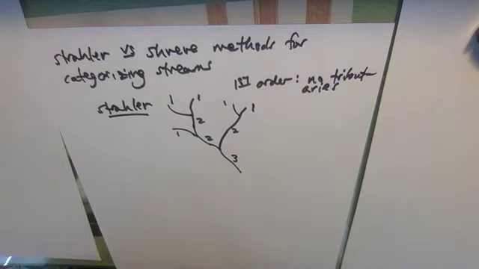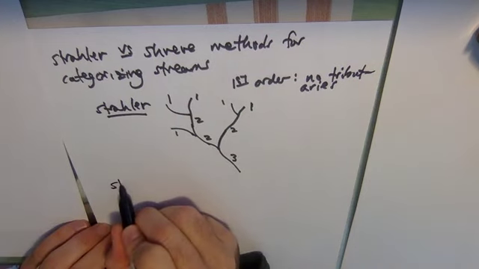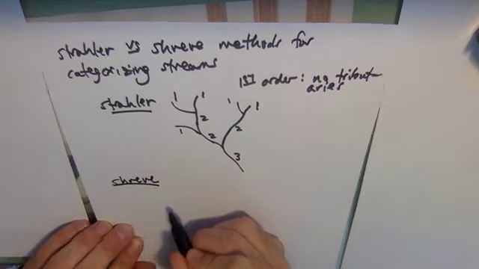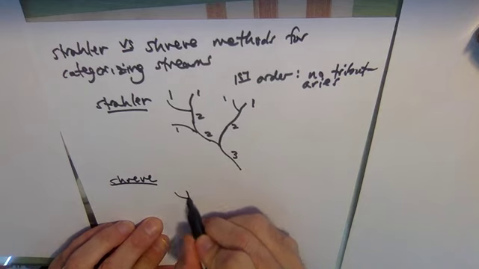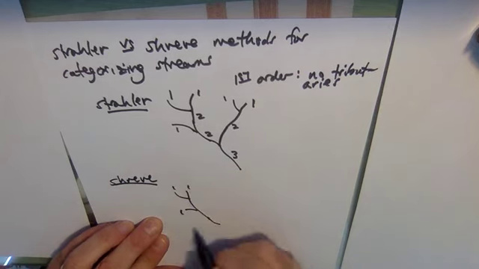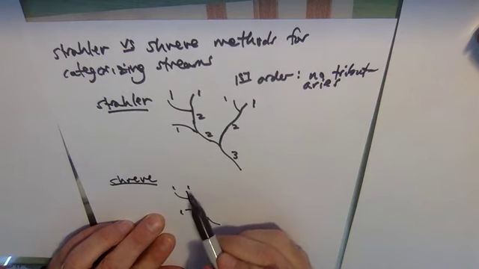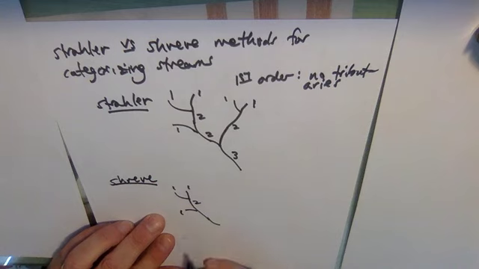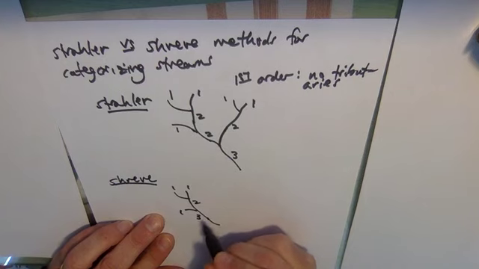The Shreve method is similar, so we would still have first order streams here and here, but now it's more additive. So if a first order and a first order come together, you get a second order stream, that's the same. But now where this first order stream connects with the second order stream, you get a third order stream.